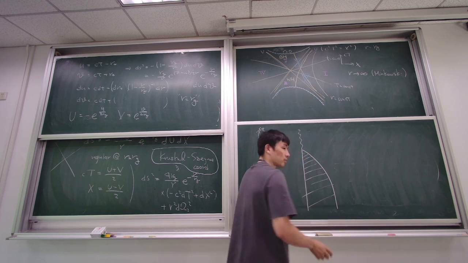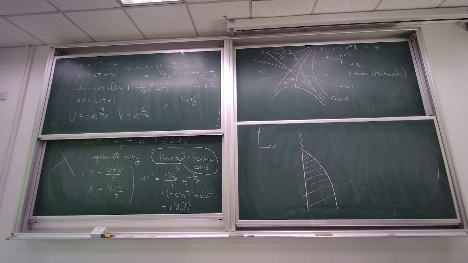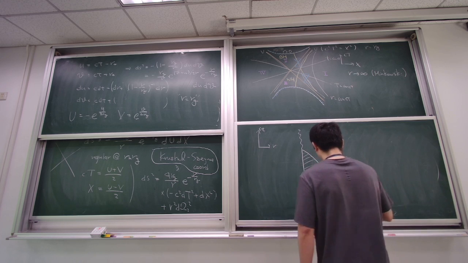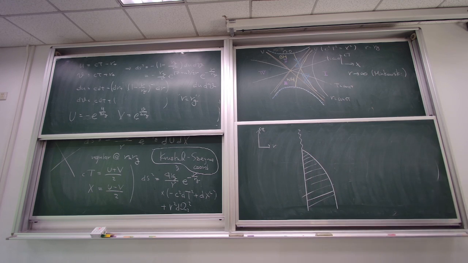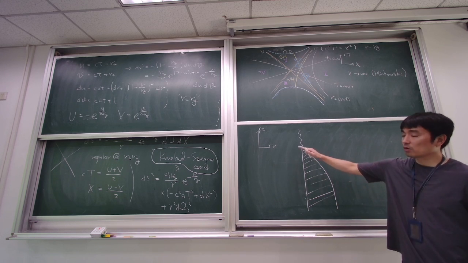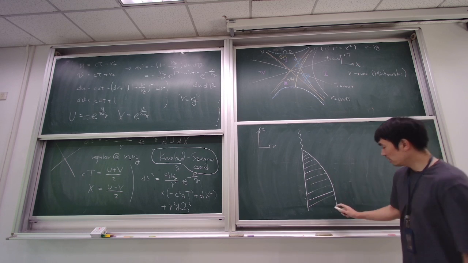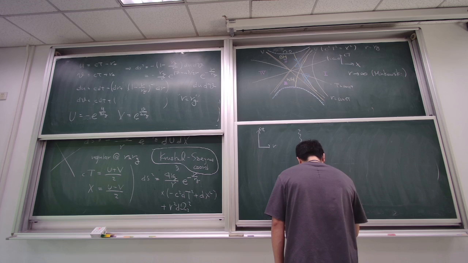If the mass exceeds a certain amount, the Chandrasekhar limit, the neutron degeneracy pressure starts losing against the gravitational collapse, and the star will collapse. So this is the time direction, and the R direction is here, and there is some star inside.